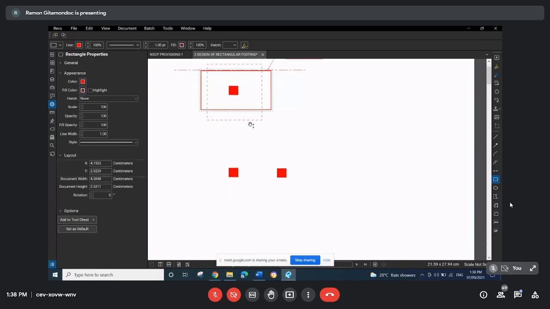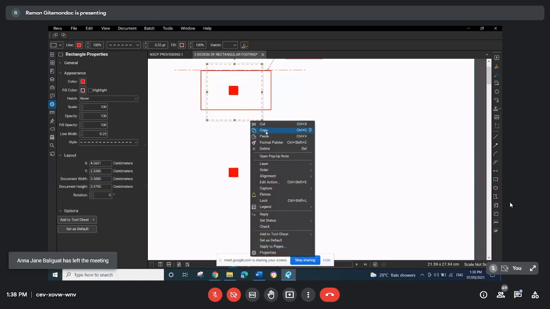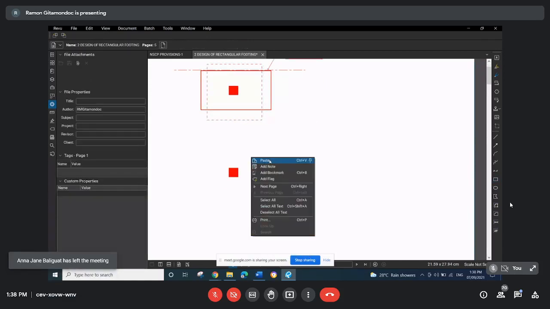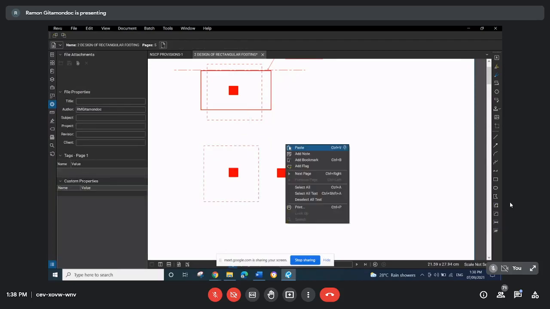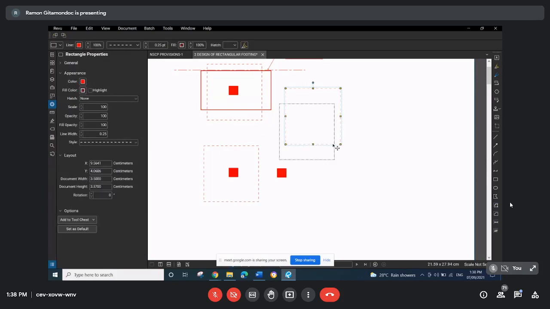Now another situation is when, for example, two columns are placed relatively close to each other, so that if we use a square footing, the footing area for the two columns will overlap. No? Yun na ang situation. I hope you can see the drawing.